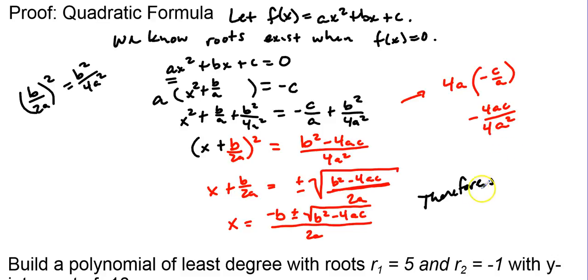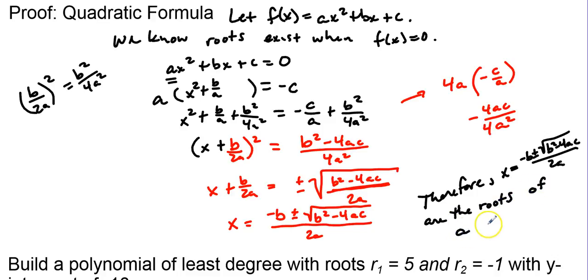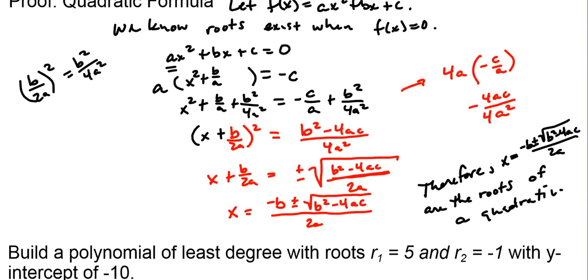Therefore, x equals negative b plus or minus the square root of b squared minus 4ac over 2a are the roots of a quadratic. So make sure you know that proof of the quadratic formula.